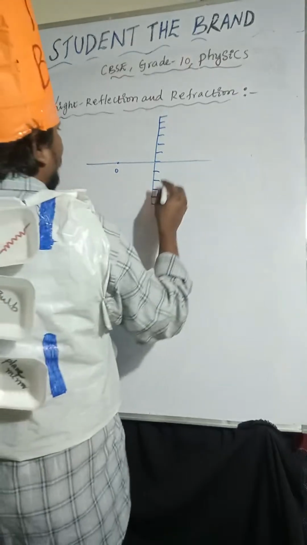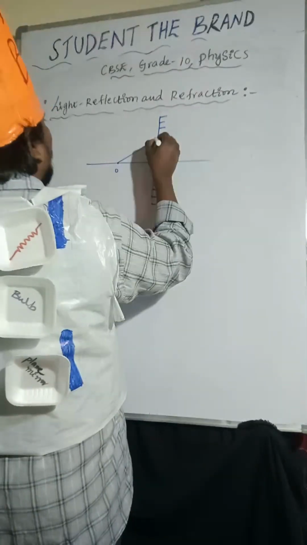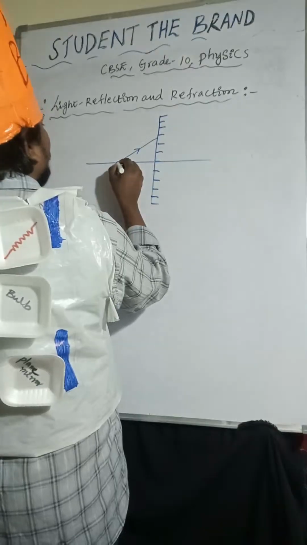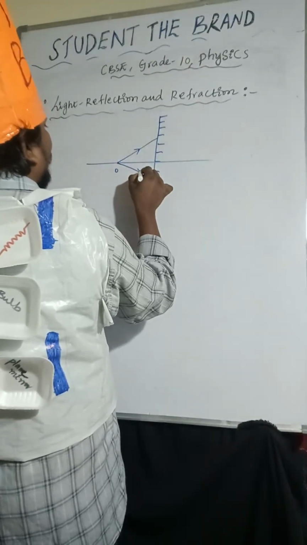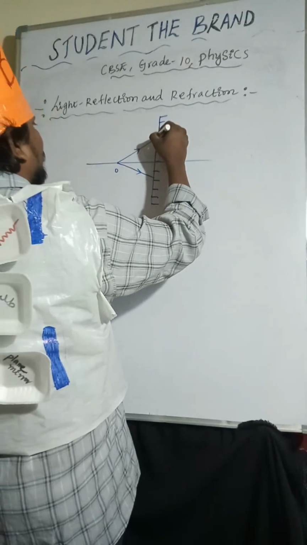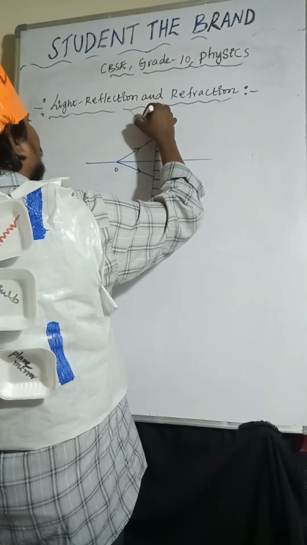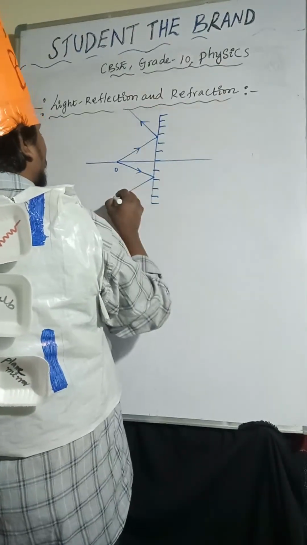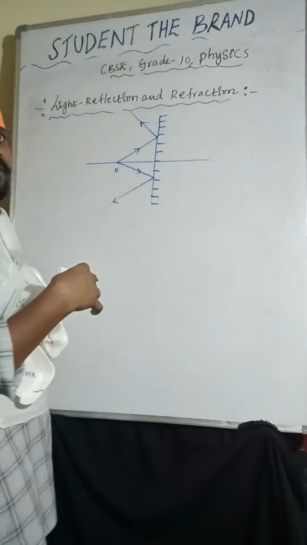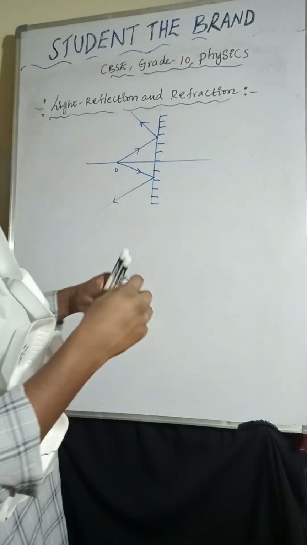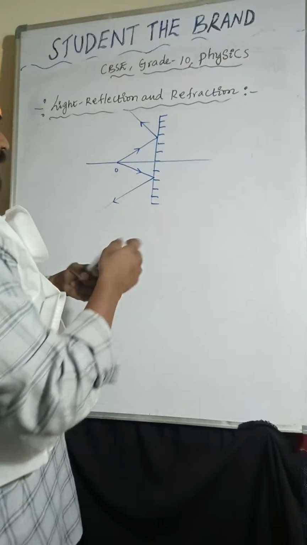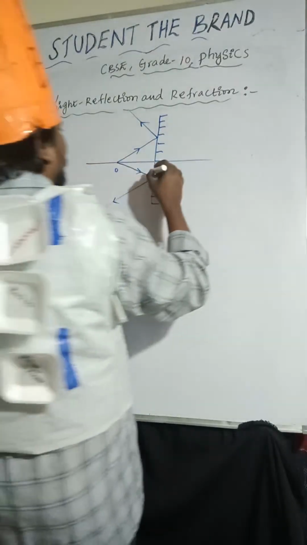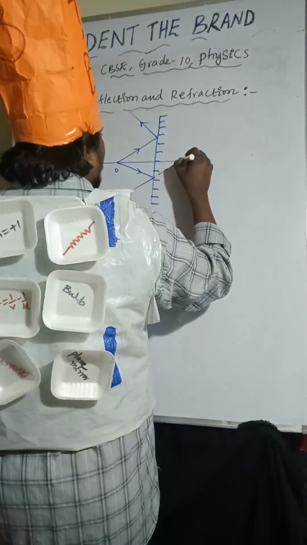So here from this one, these light rays are coming. After reflection, those light rays are moving away from it. If you extend those light rays, the extended light rays meet at one point. So here you can see.